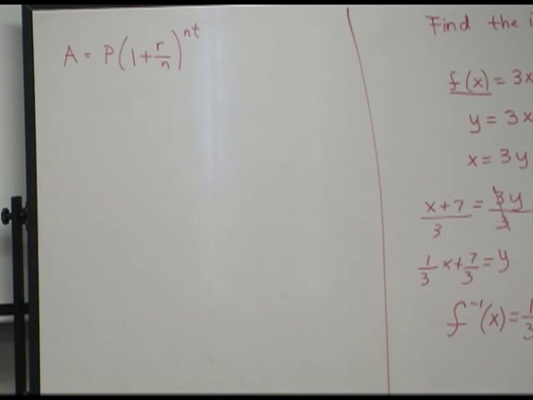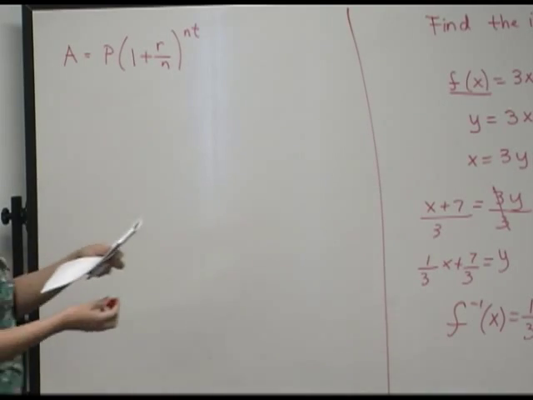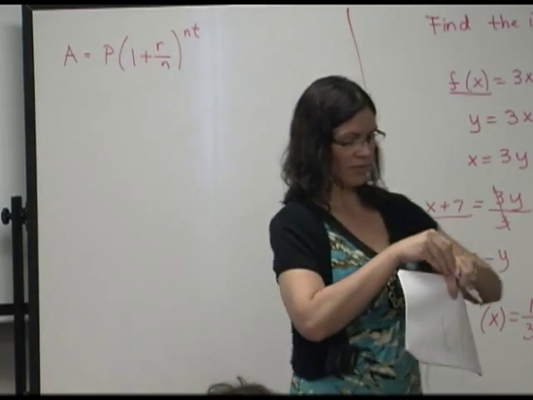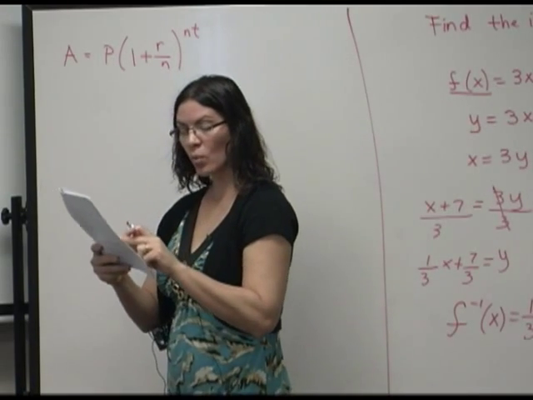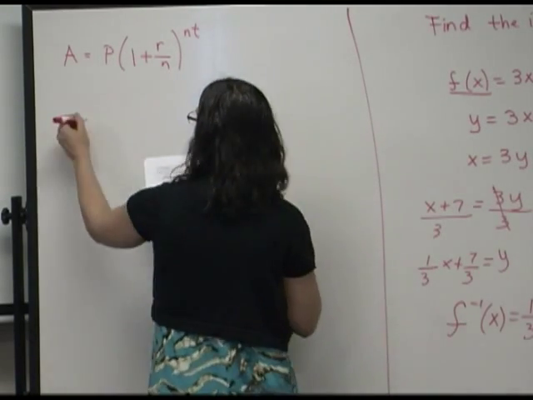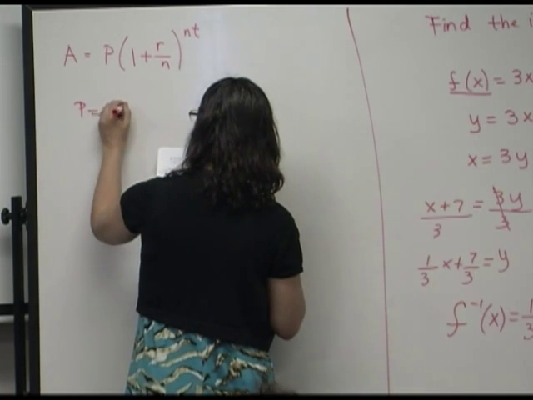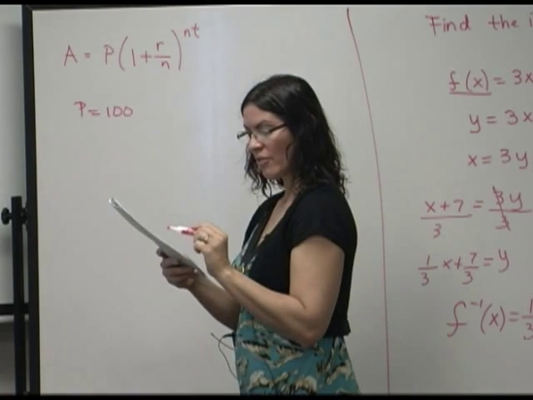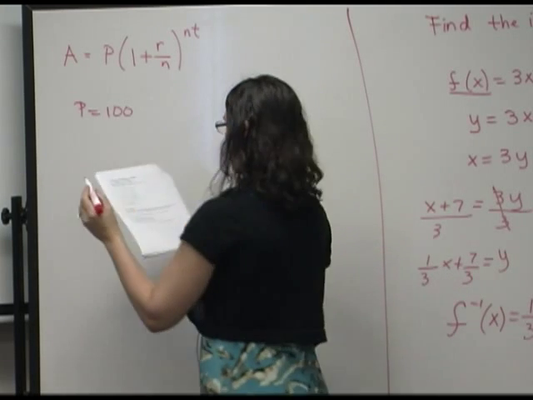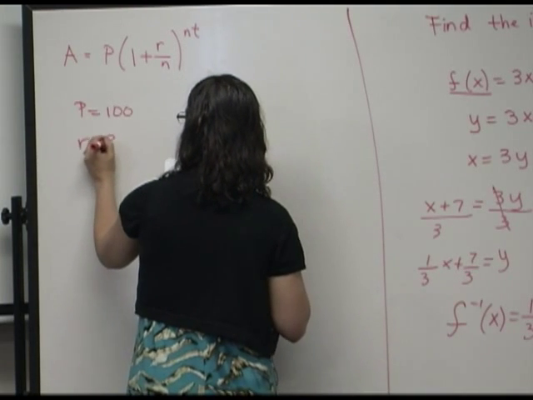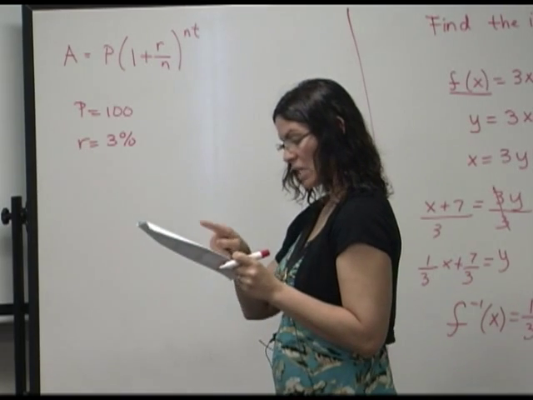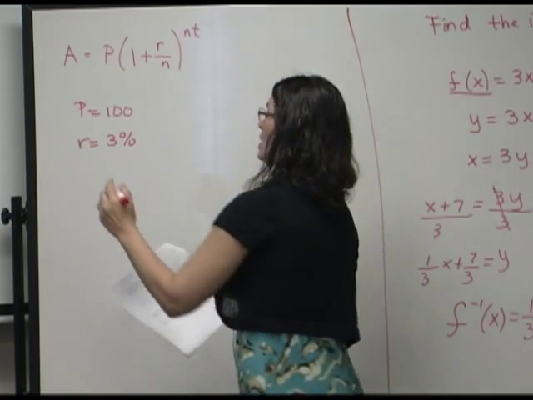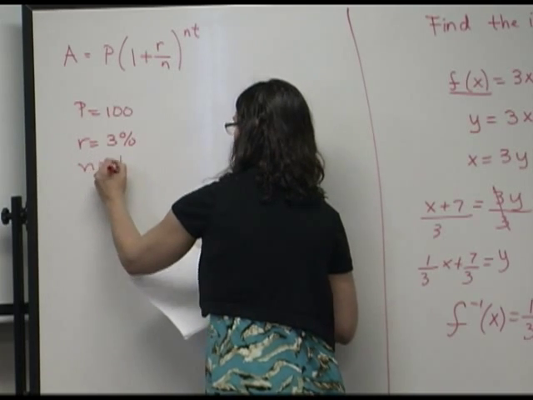If it is quarterly, how many times are we compounding? 4 times. So we have, in this problem, 100 is the principal. So P equals 100. What else do we have? 3% interest, so R. Then we have, what else? Compounded quarterly, so N equals 4.